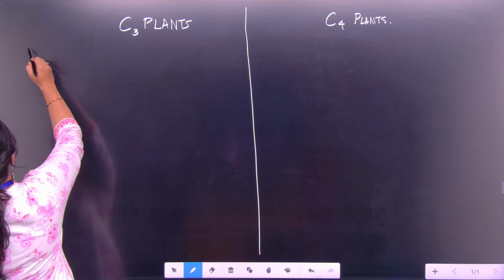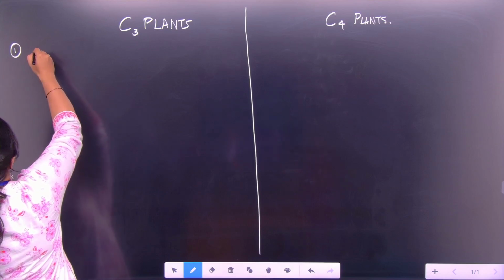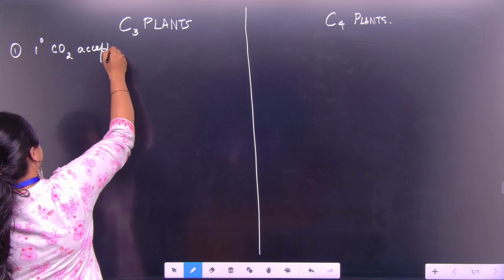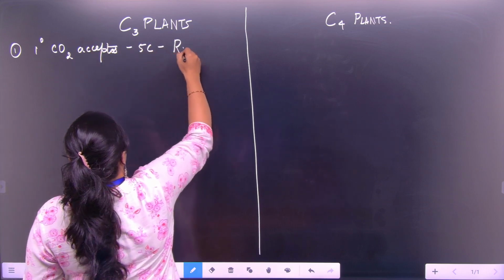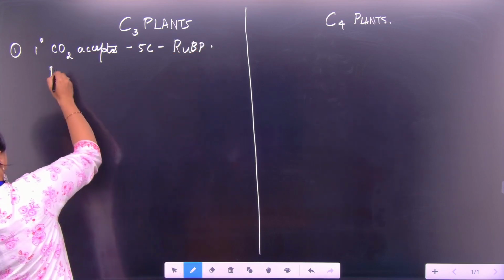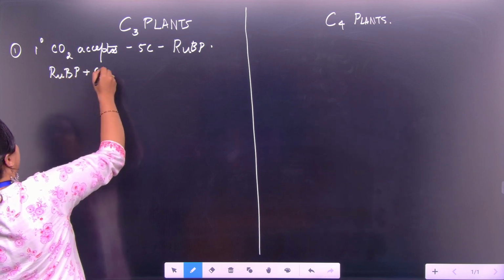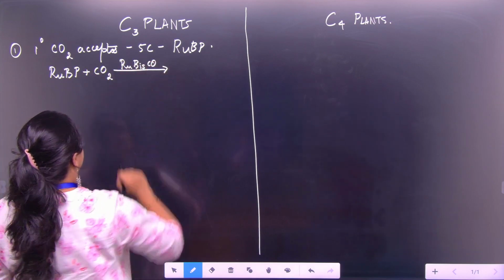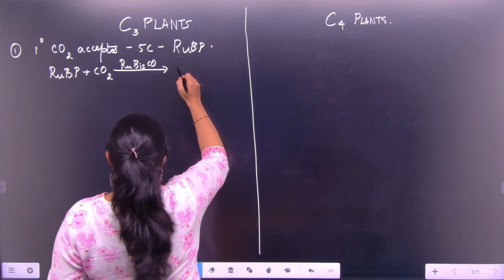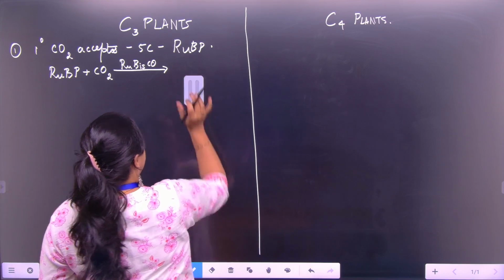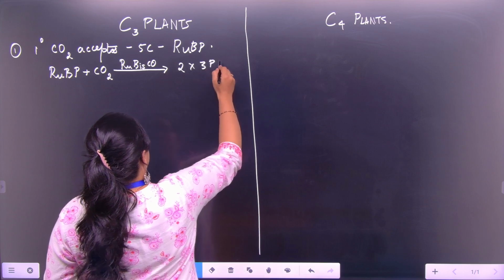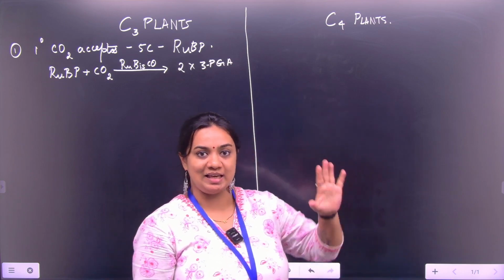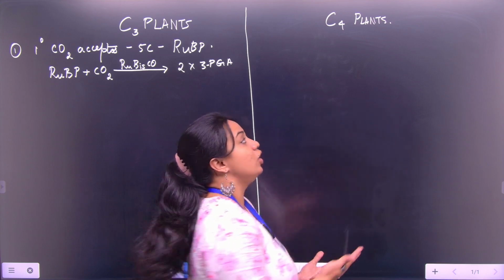Now in case of a C3 plant, the primary carbon dioxide acceptor is a 5 carbon compound called ribulose bisphosphate, which in the presence of an enzyme called Rubisco is going to convert into an unstable 6 carbon compound, which will then split itself into 2 molecules of 3-phosphoglycerate.